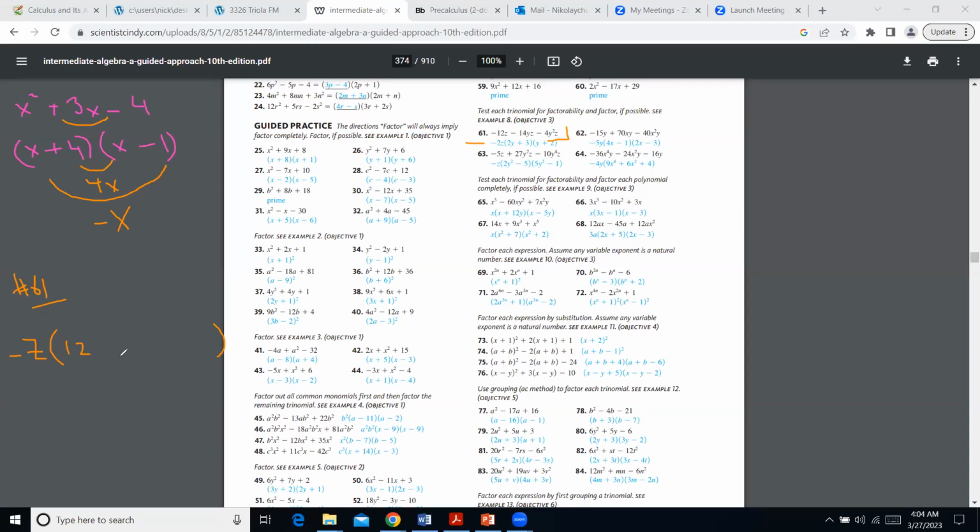So we're going to have a 12, and then 14 times y. I change all the signs here, so put 14 y's in the next place, and then plus 4 times y squared. This is going to be my start for this factoring.